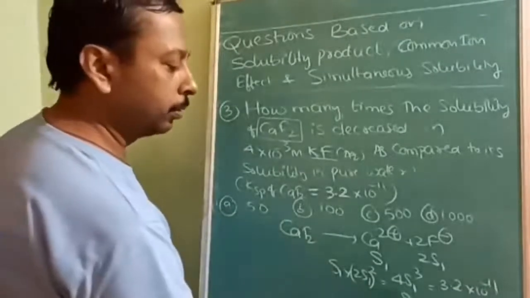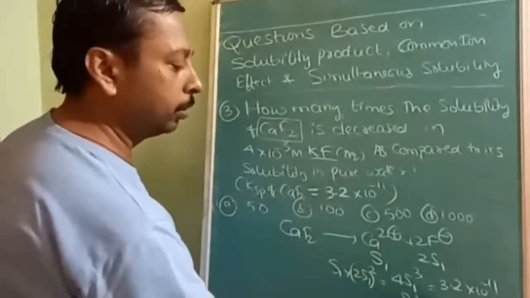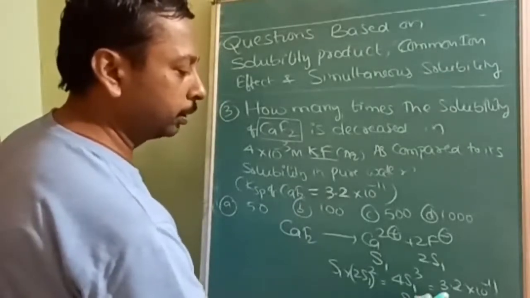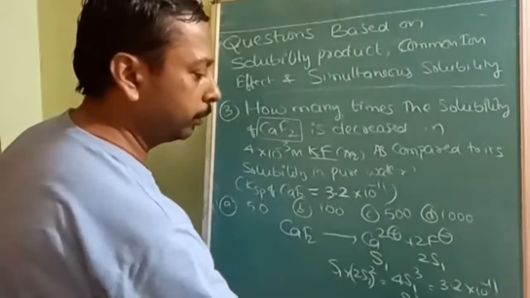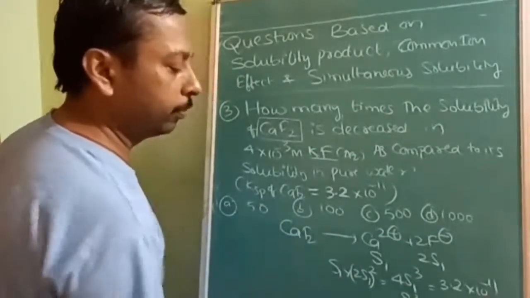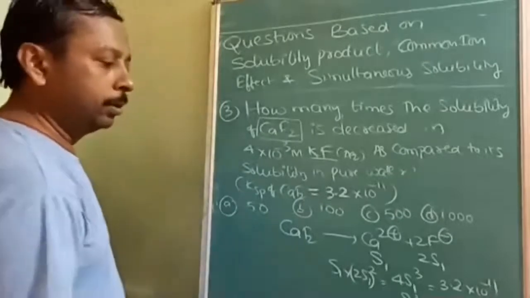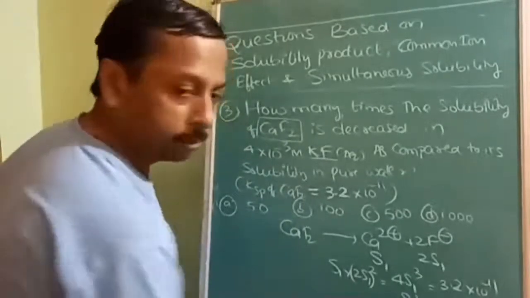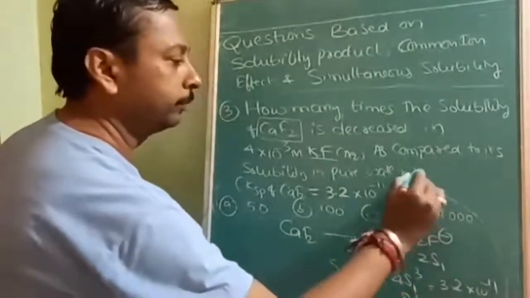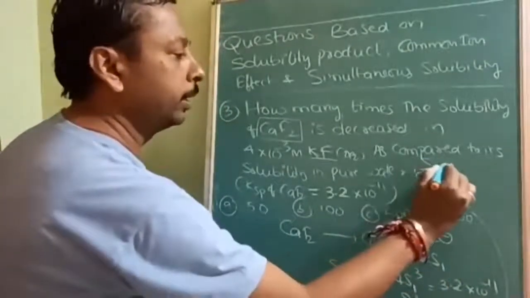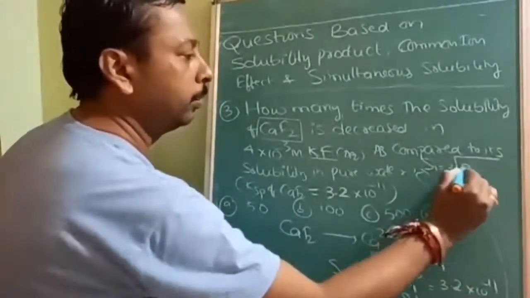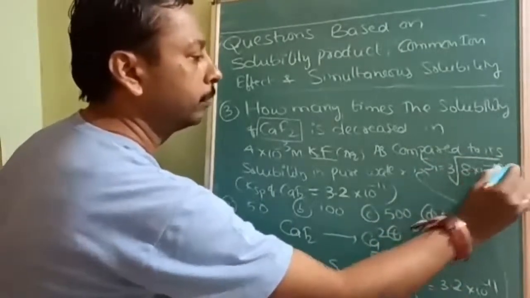So S1 cube we can write as 32 into 10 to the power of minus 12 divided by 4, so this will be 8 into 10 to the power of minus 12.